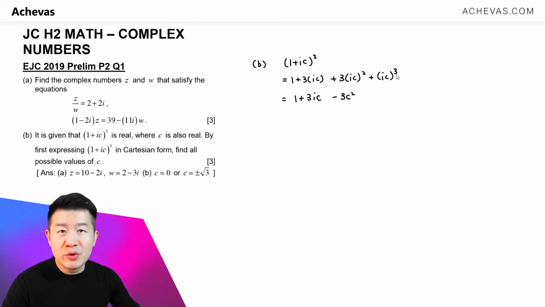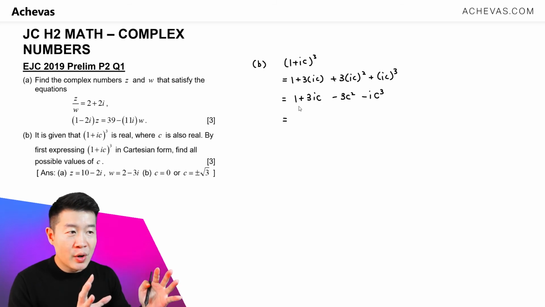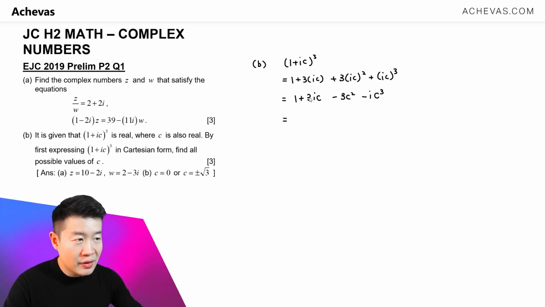And i to the power of 3 is minus i, so minus i c cubed. Rearranging so that all the real part of the complex number is put together, 1 minus 3c squared is real. And for the imaginary part, those terms that have i, we will have 3c minus c to the power of 3.